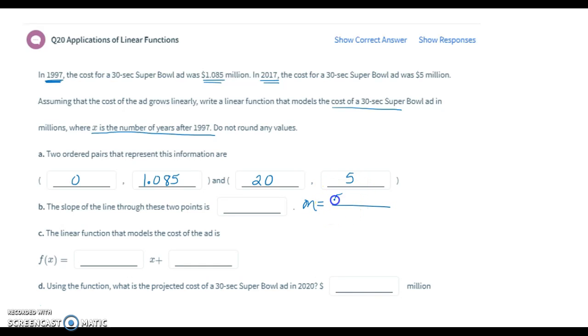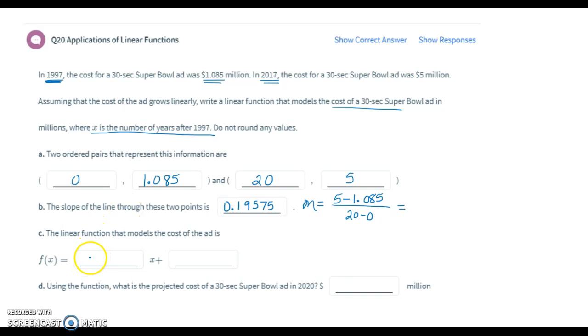So that's 5 minus 1.085 divided by 20 minus 0. And the slope then is 0.19575.